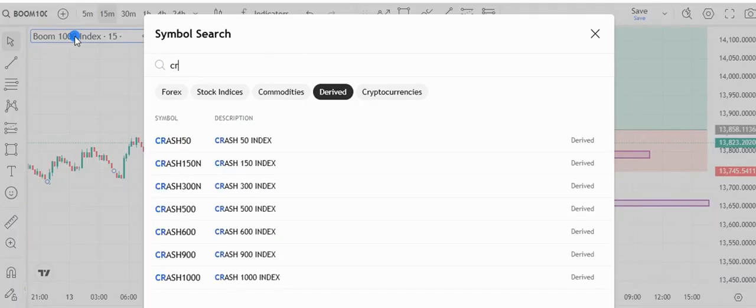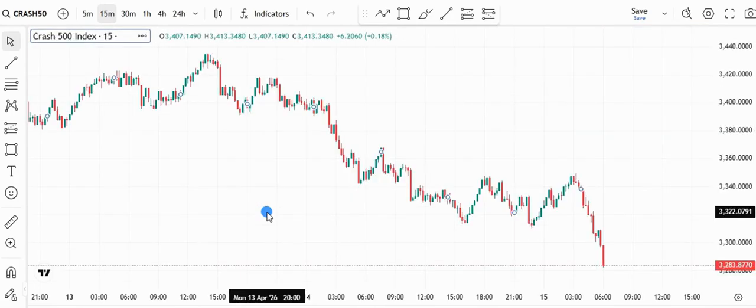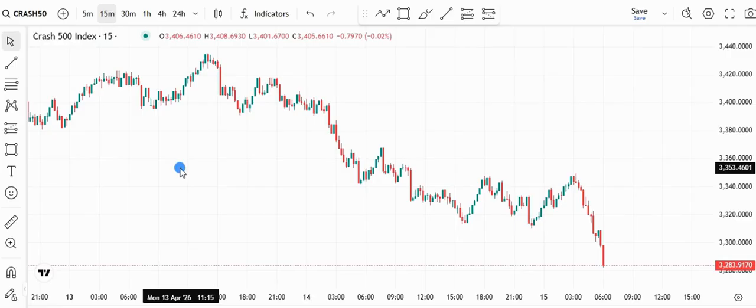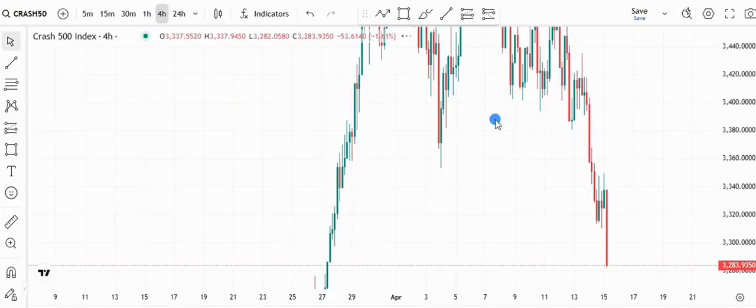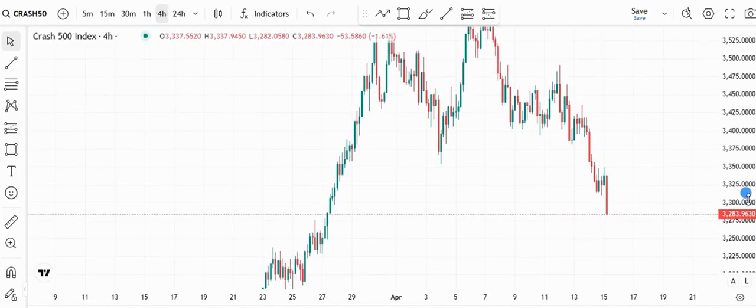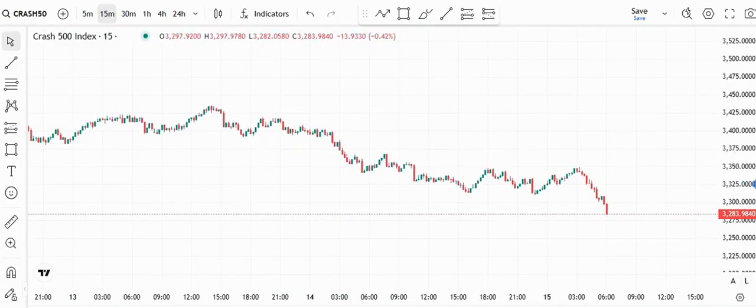So let's go to the cash index, where we start with Cash 500. Cash 500 seems to be very bearish, so let's look for bearish setups.